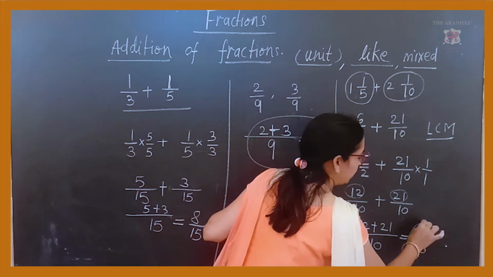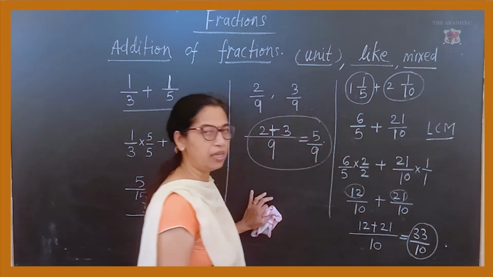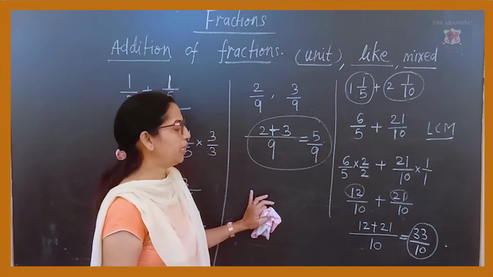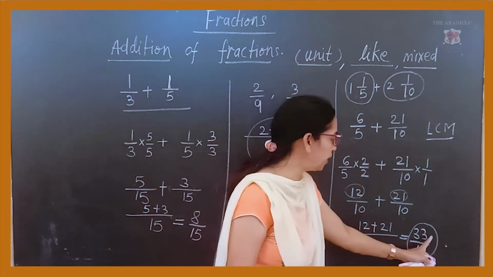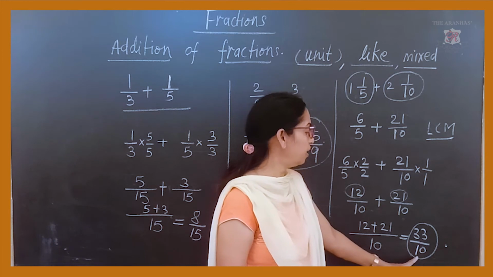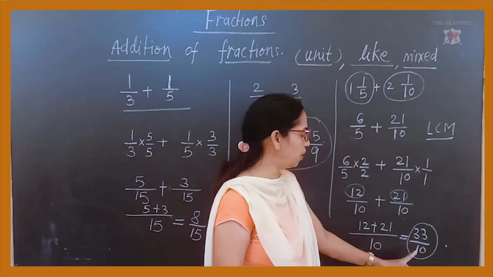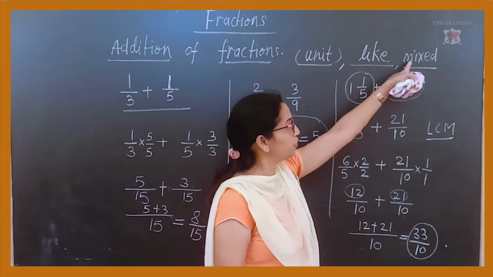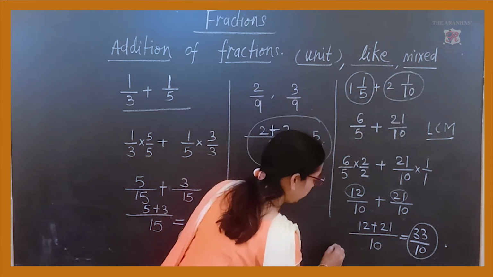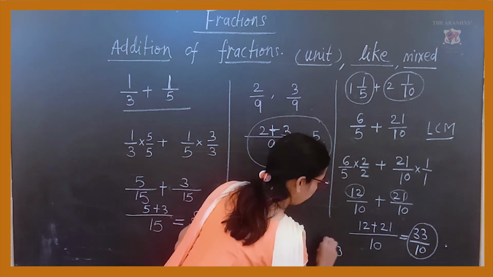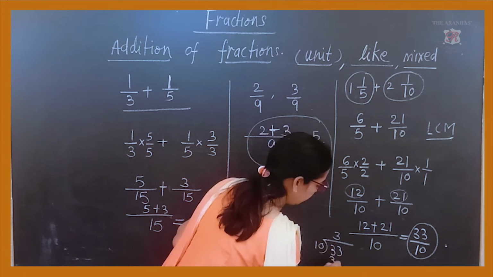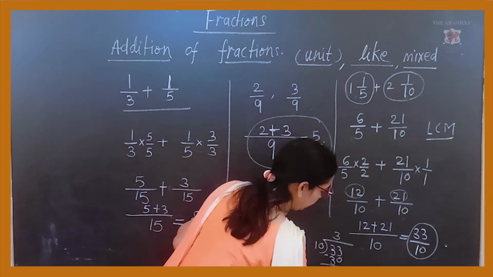Now as 33 upon 10 is an improper fraction, by dividing the numerator by the denominator 10, we will convert this 33 upon 10 into mixed form and get the answer. So when you divide 33 by 10, you get 10 3s are 30 and the remainder will be 3.